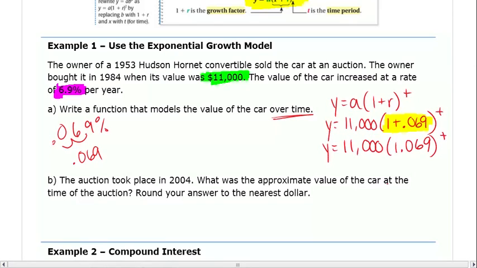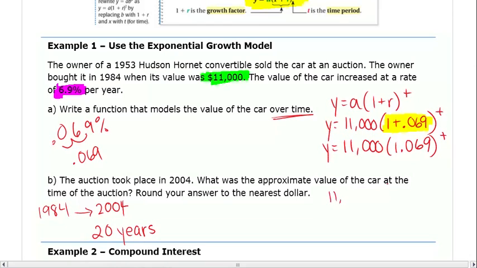Now part B says the auction took place in 2004. What was the approximate value of the car at the time of the auction? Well, it started when the car was bought in 1984, and if the auction took place in 2004, that means it was growing in its value for 20 years. So we're going to take this function we created in part A, plug in 20 for the t, and then we're simply evaluating.